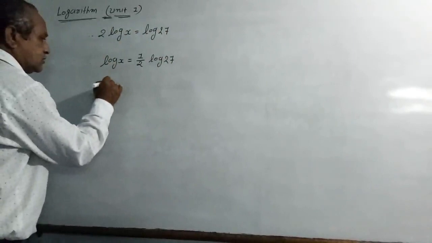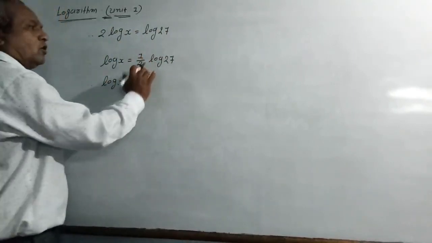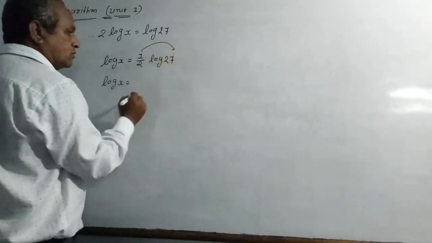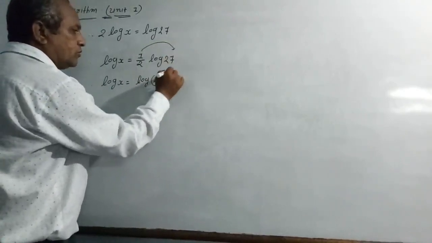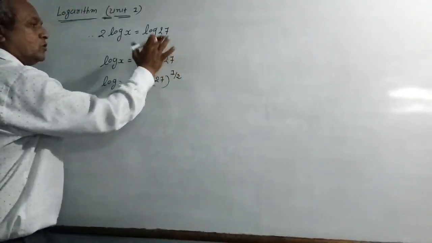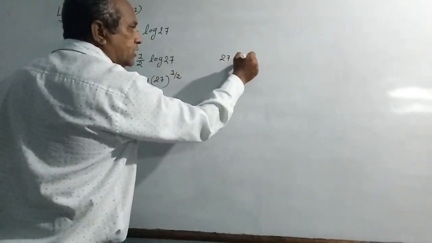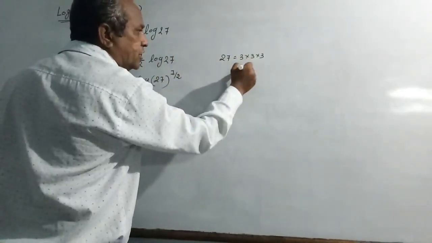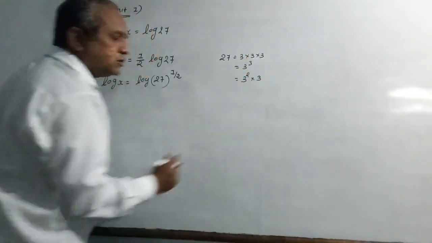Log x is equal to 1 by 2 multiplied, then it goes to the power of log. So log 27 raised to 1 by 2. Now 27 is 3 multiplied by 3 multiplied by 3, that is 3 cube, and 3 cube is equal to 3 square multiplied by 3.